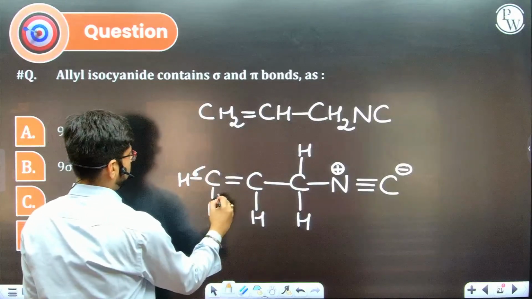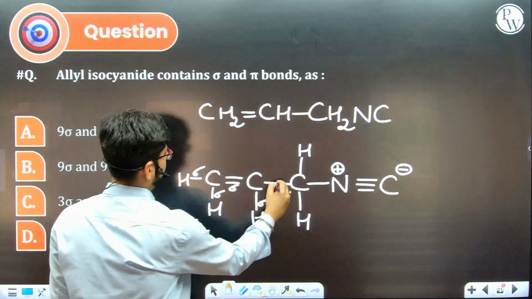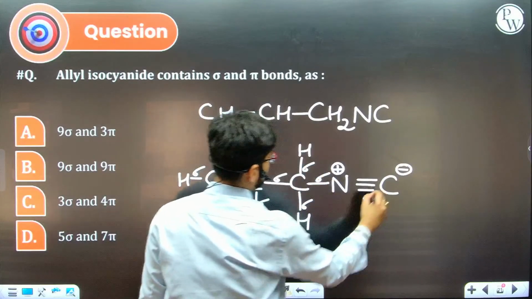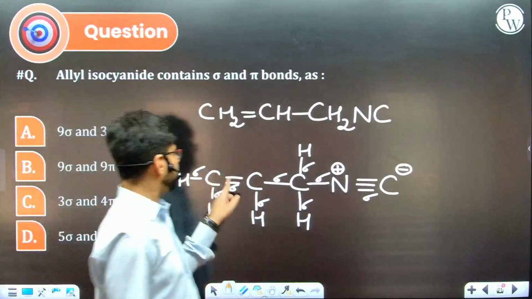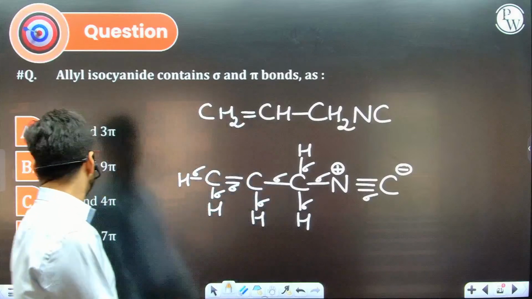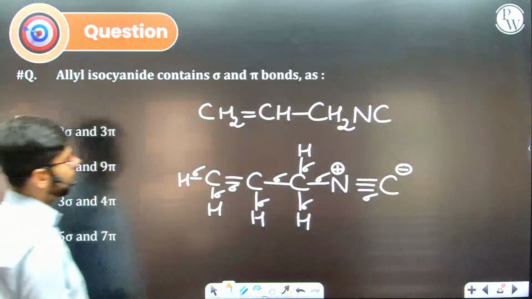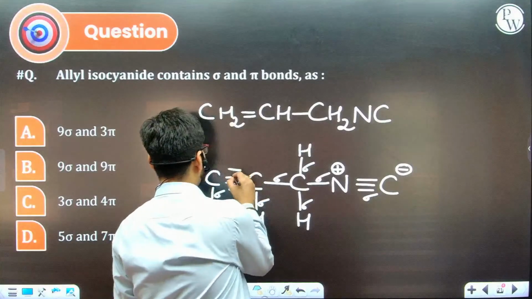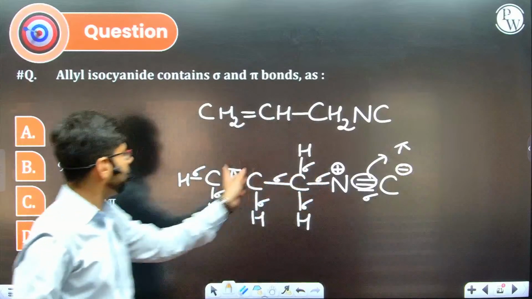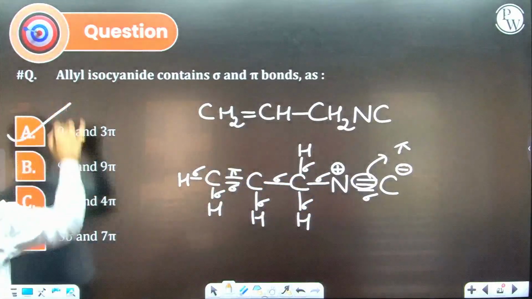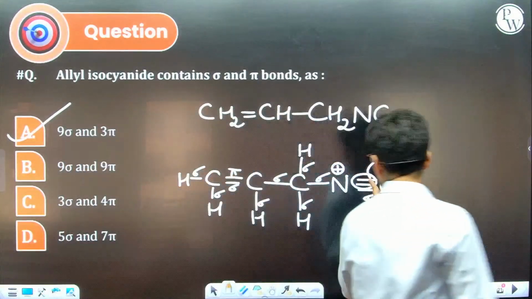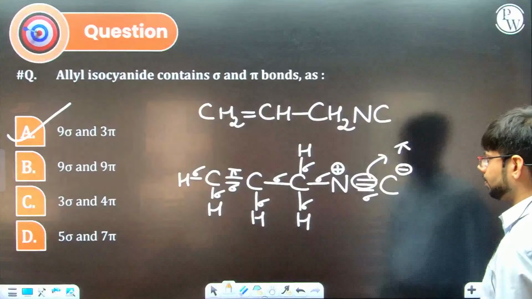How many sigma bonds? 1, 2, 3, 4, 5, 6, 7, 8, 9. 9 sigma bonds. And how many pi bonds are there? This is 1 pi bond, and these are the 2 pi bonds. So 2 and 1, 3 pi bonds. So 9 sigma and 3 pi. Right? Allyl isocyanide.